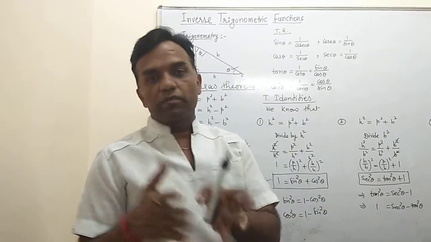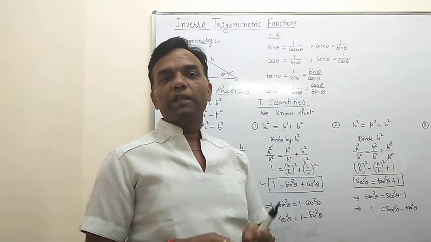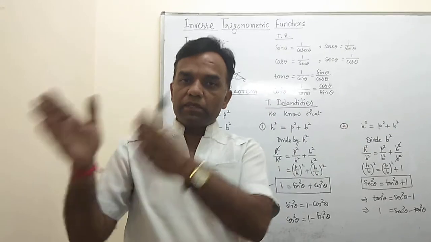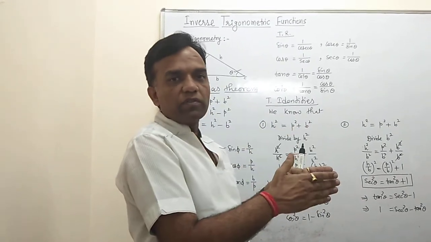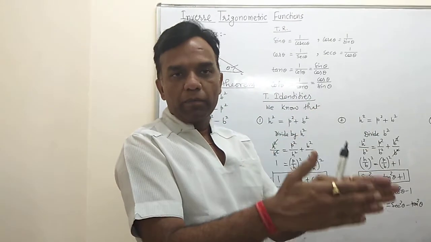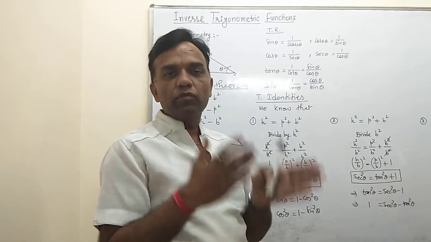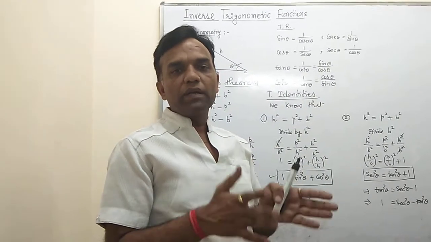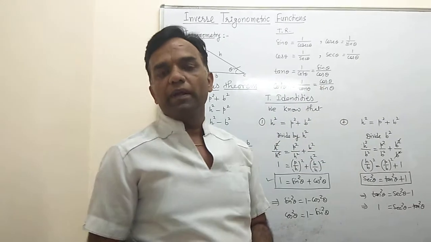You don't do it like this. Only you write down the Pythagoras theorem 3 times and divide by the values one by one: h square first, then you divide by b square, then you divide by p square. You have 3 cases, and they are converted into the trigonometrical form.